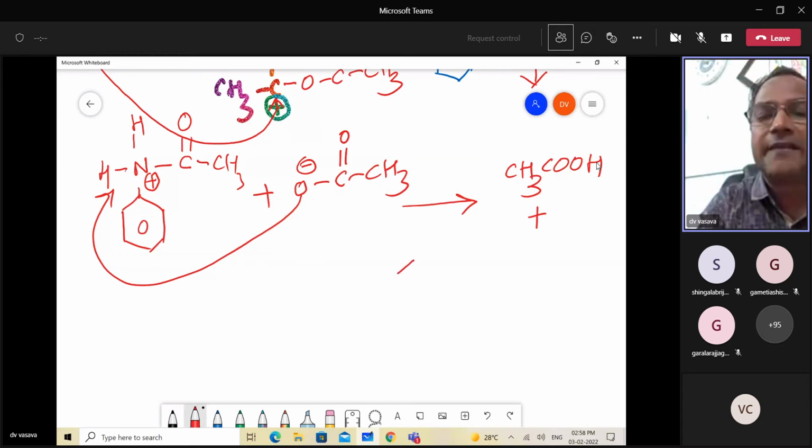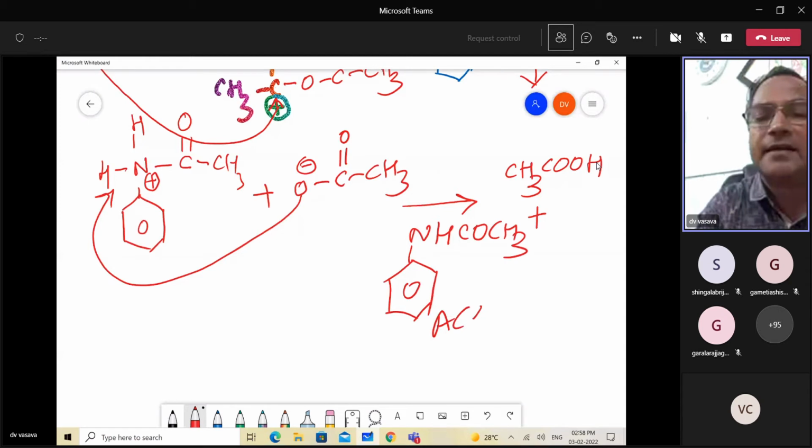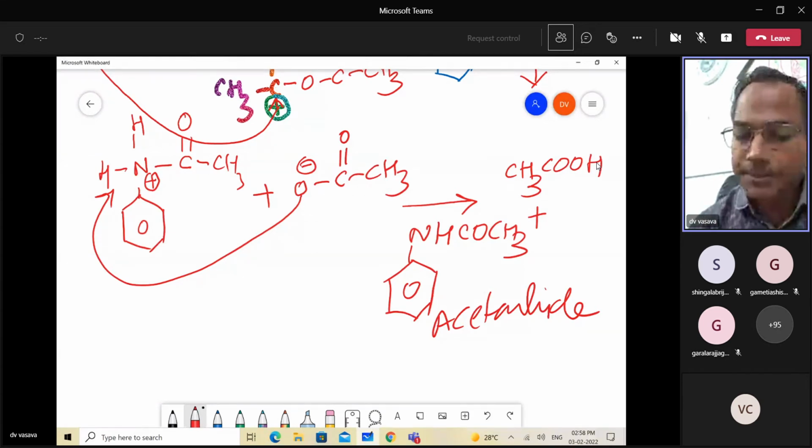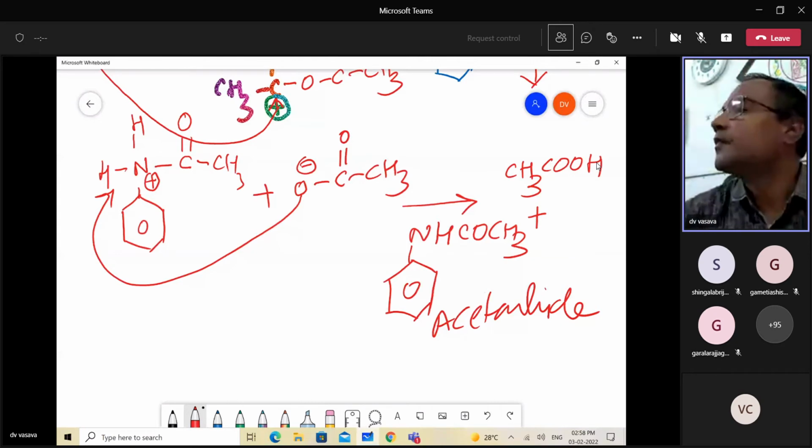And what is left is NHCOCH3, and that is the product, acetanilide. This is the product, acetanilide. Clear about the reaction mechanism?